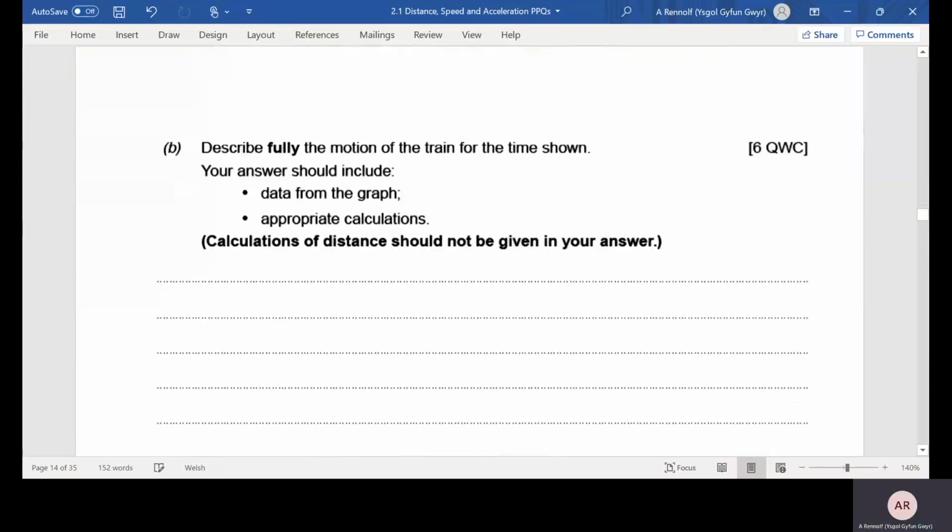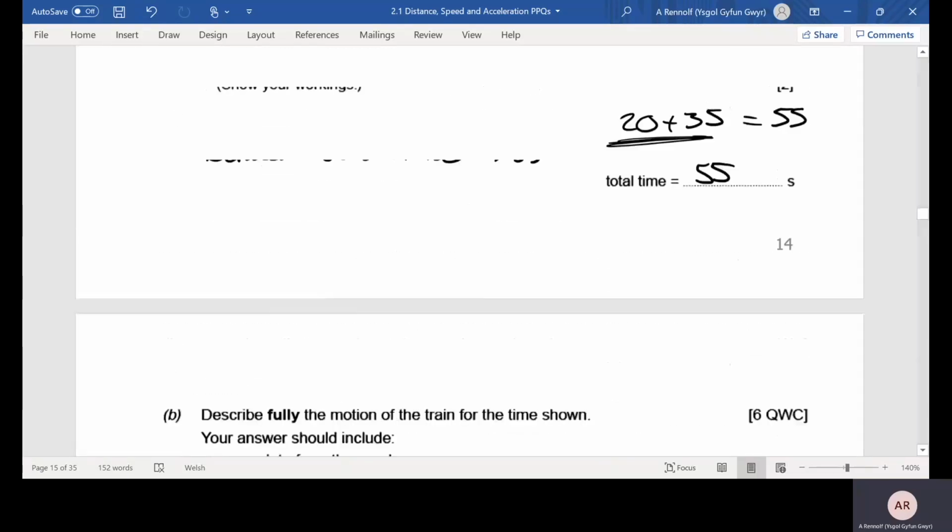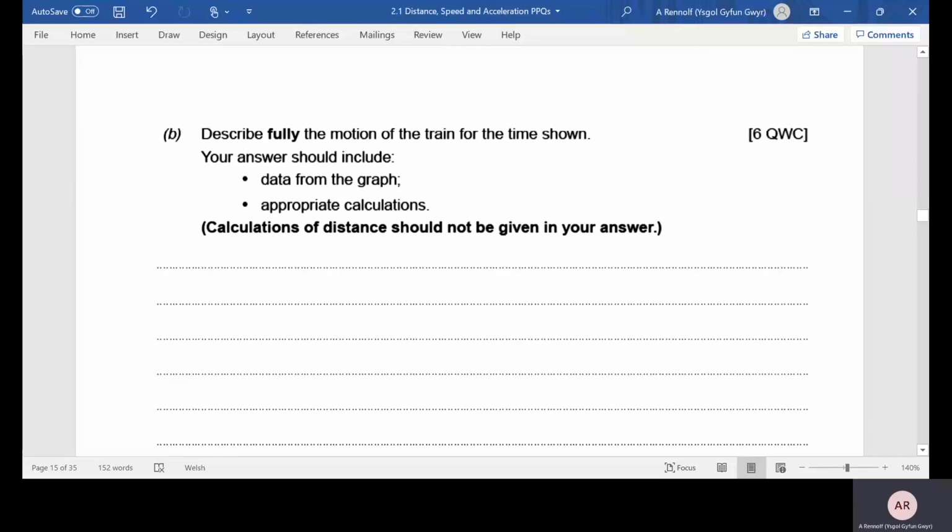Okay, part B, this is a 6 marker asking us to describe fully the motion of the train. So just to remind you, when we answer 6-mark questions in Go, this is what we do. Every sentence we compose of 3 elements. Firstly, we talk about the time, what times we're dealing with for this particular sentence.